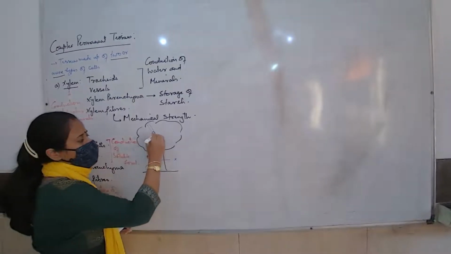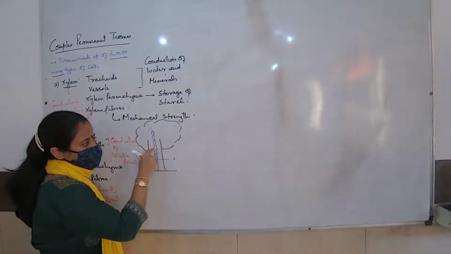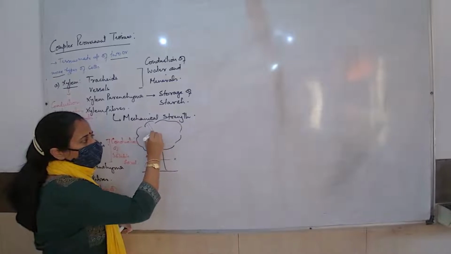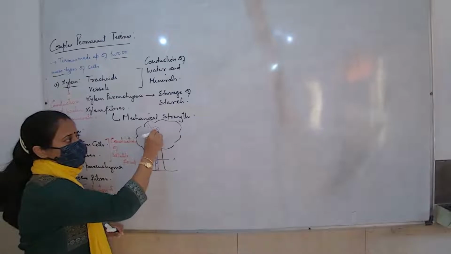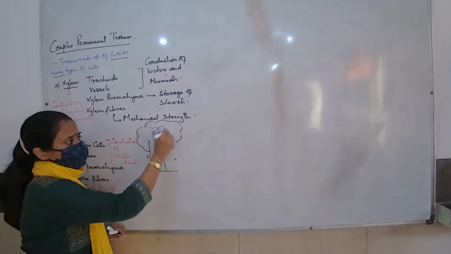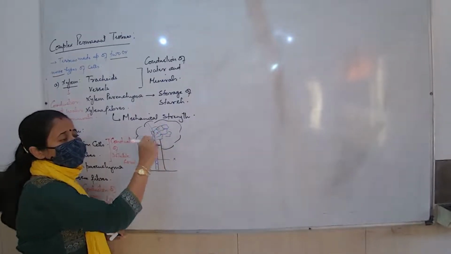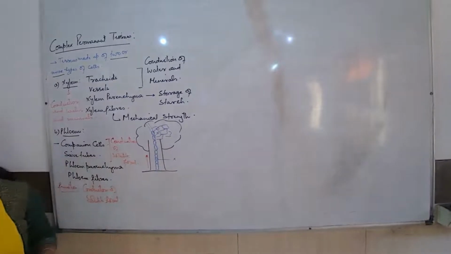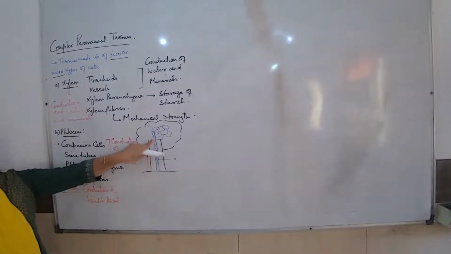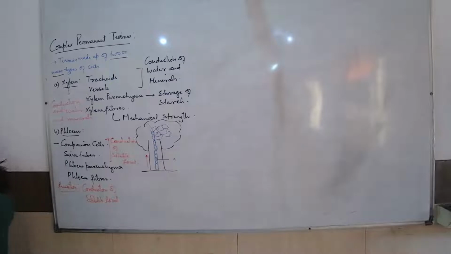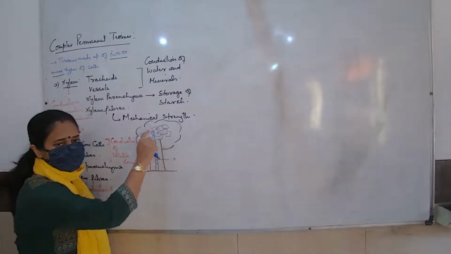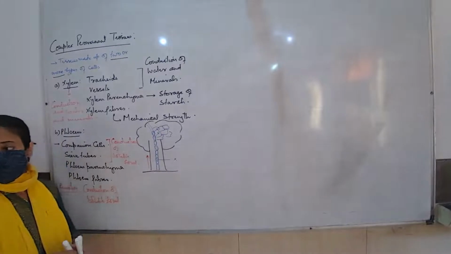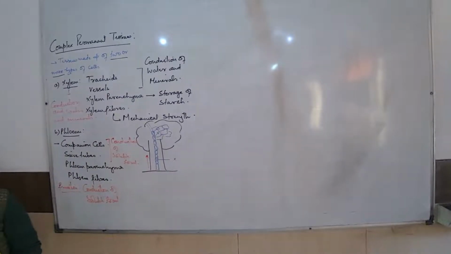I understand that this xylem is constantly engaged in the passage of the water. Now the water has to be delivered to some other group of cells. Say these are the leaf cells. So the water has to move into the leaf cells. As the water moves into the leaf cells, what is happening in the leaf cells? The process of photosynthesis.